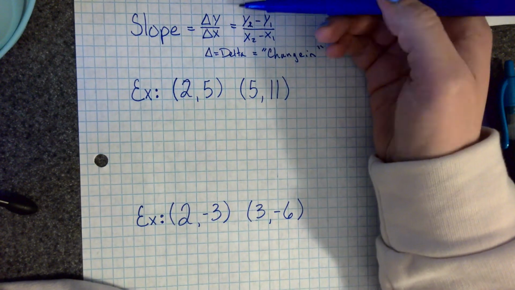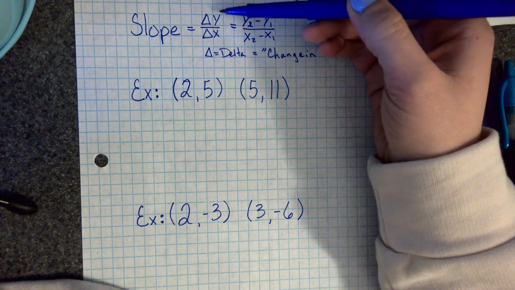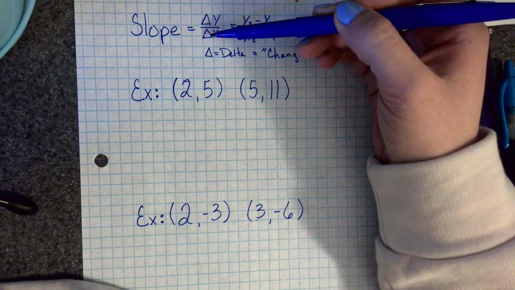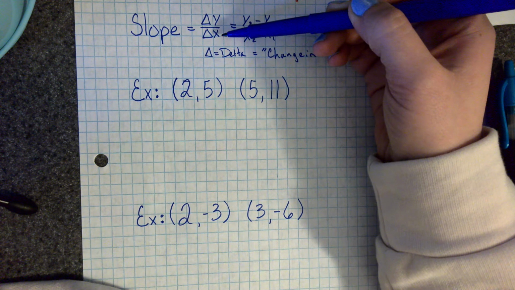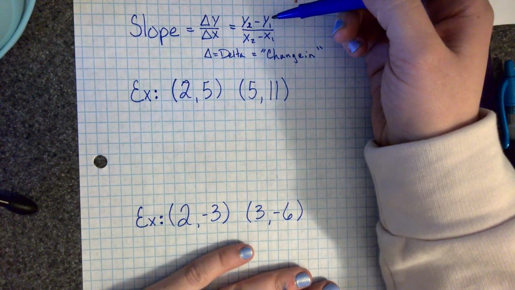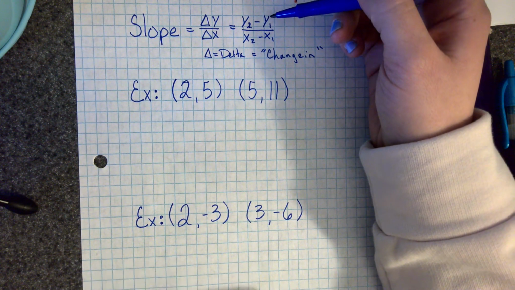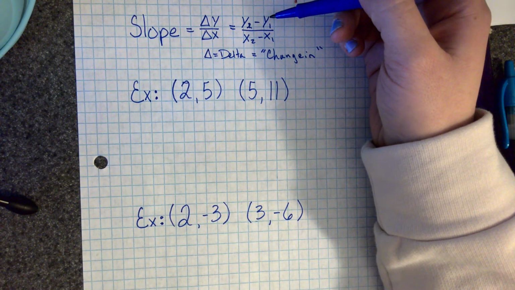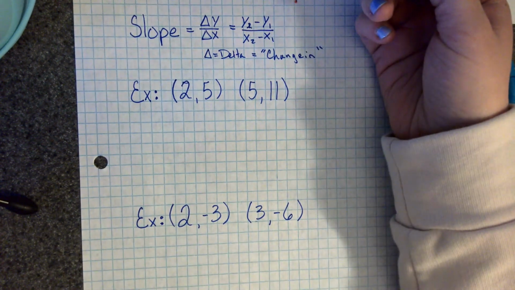So when you see the little delta next to your y, it means change in y, and change in x. All that means is that we've taken two y's and subtracted them to see what the difference is. How did they change from one to the other? That's about it.